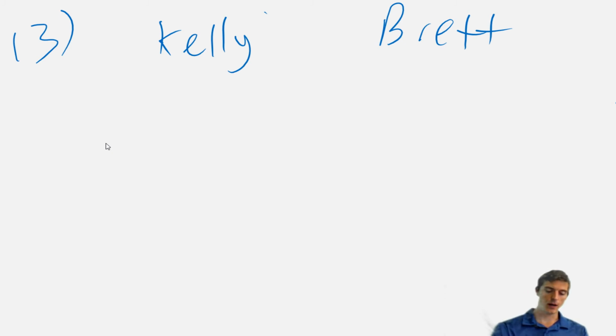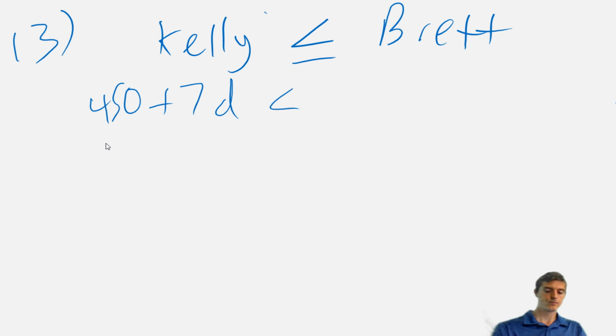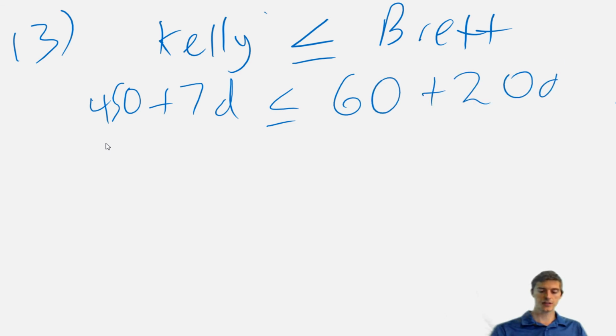So I'm looking for when Brett has greater than or equal to the amount of Kelly. Now I just need to write their equations. Kelly has $450 and is saving $7 a day. Whereas Brett, he's only got $60, but he's saving $20 every day. So it's only a matter of time before he's going to catch up.